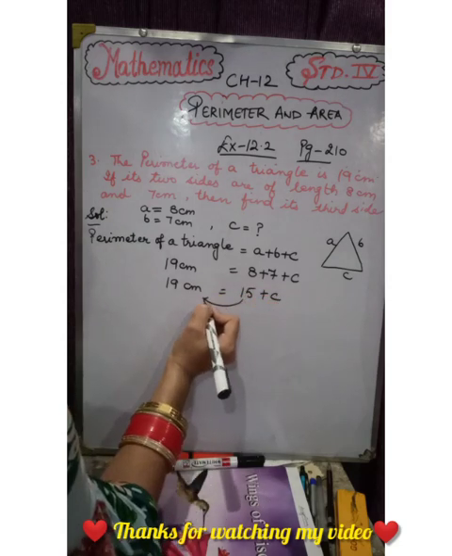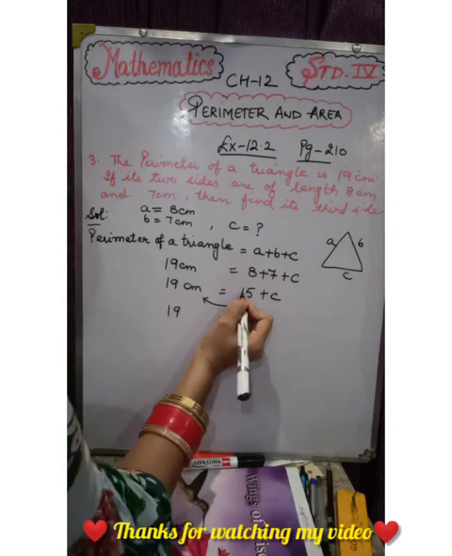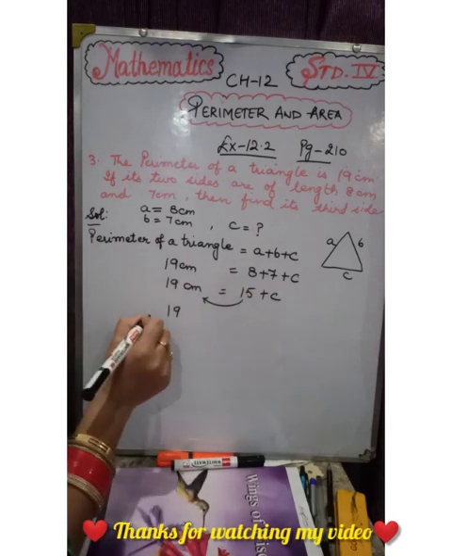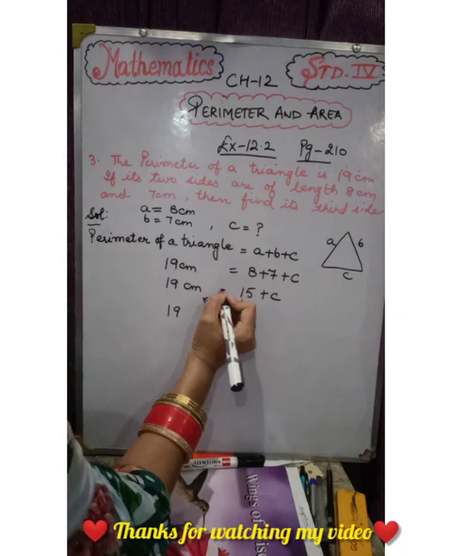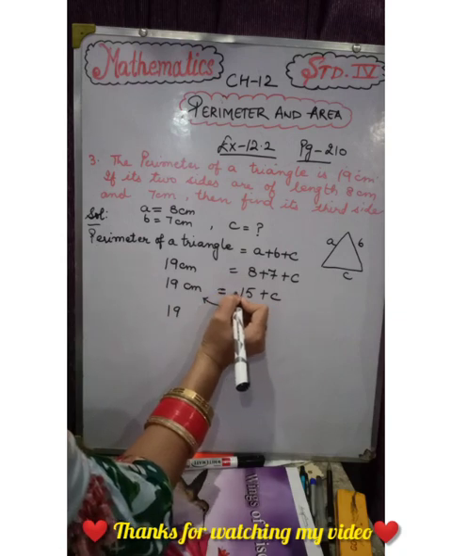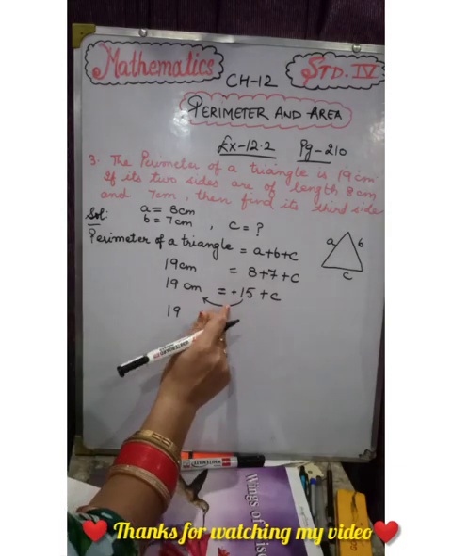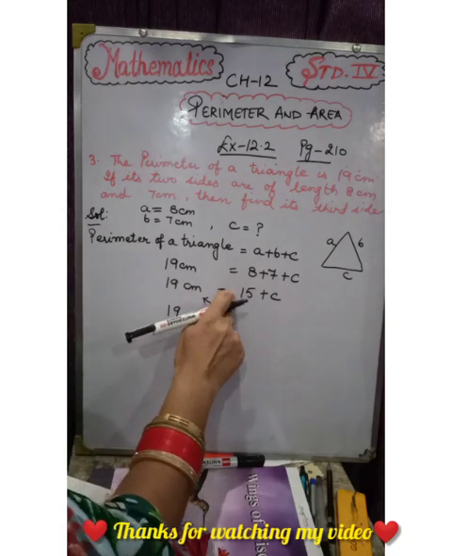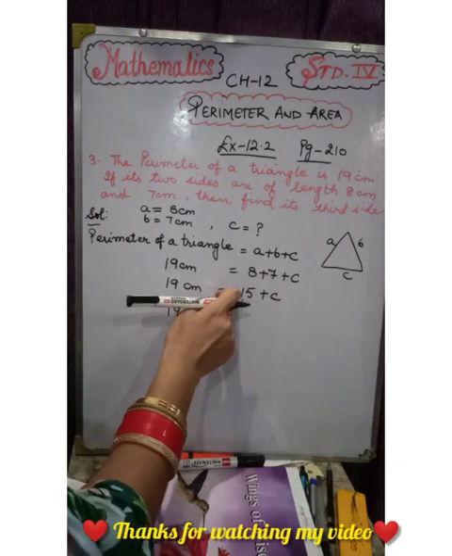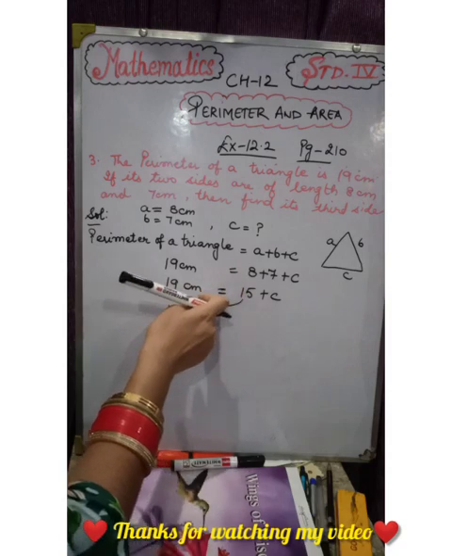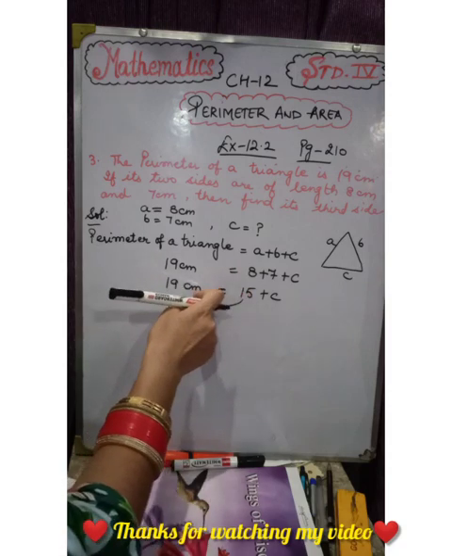This 15 will come this side, and when it will come to the other side, the sign will change because there is no sign here. No sign means it is of plus. No need to write this. It is understood यहाँ पर plus sign होता है. So when this will come on the other side, plus will change into minus.